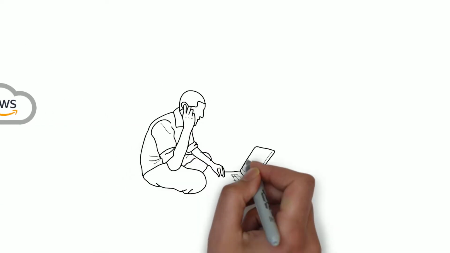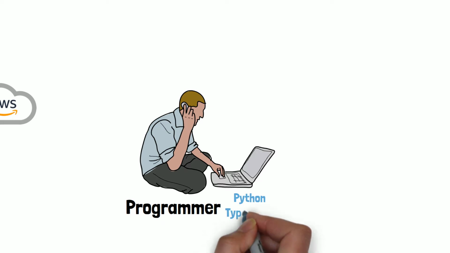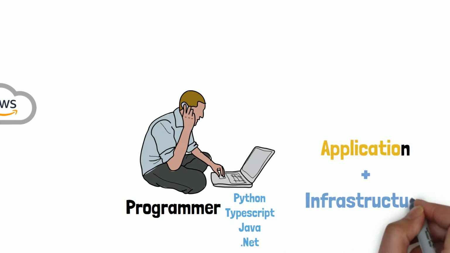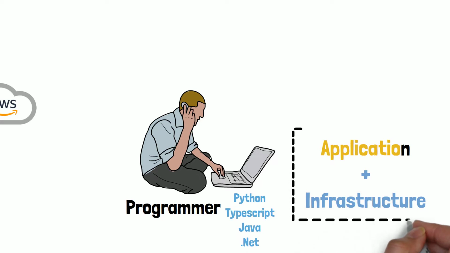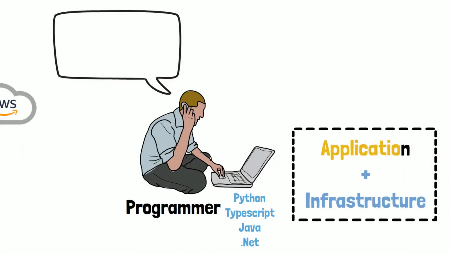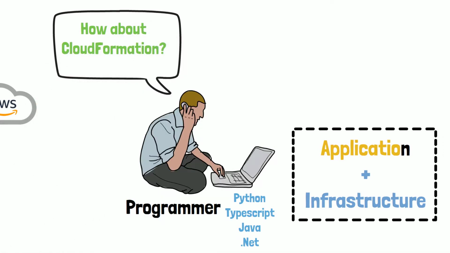Suppose you are a programmer familiar with programming in high-level programming languages, such as Python, TypeScript, Java, .NET, etc. You are given the additional task of automating the infrastructure provisioning required by your application. You heard about CloudFormation templates, but you know nothing about building them.